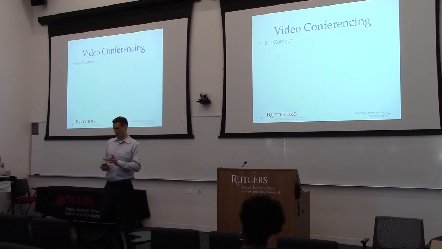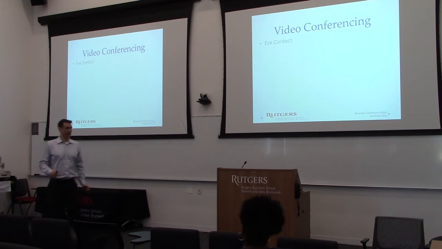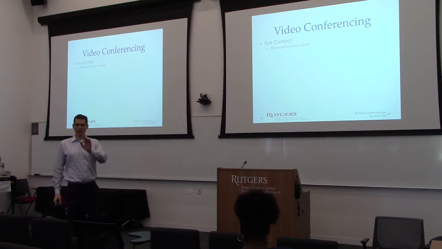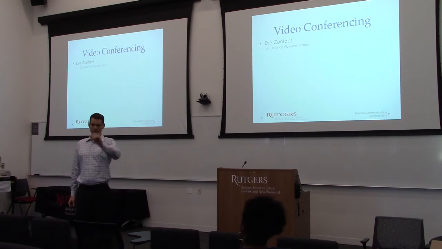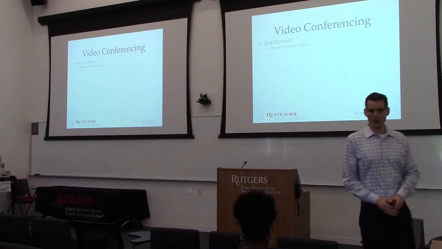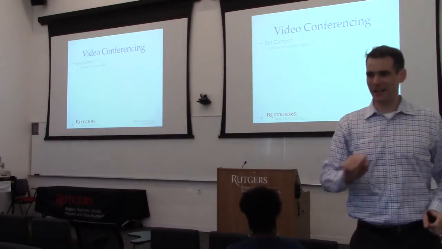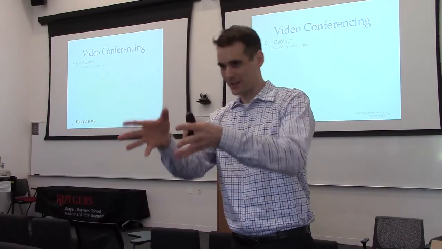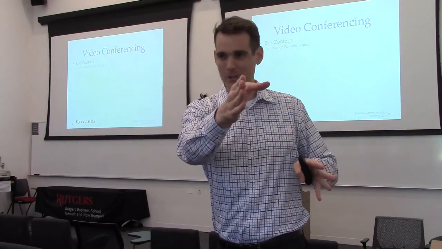Another option you can use, besides staring directly into the camera, is a distance plus zoom option. What I mean by that is, suppose this is my Skype camera, and suppose Vishali is the monitor. So I see Vishali here, and I can talk to Vishali here.